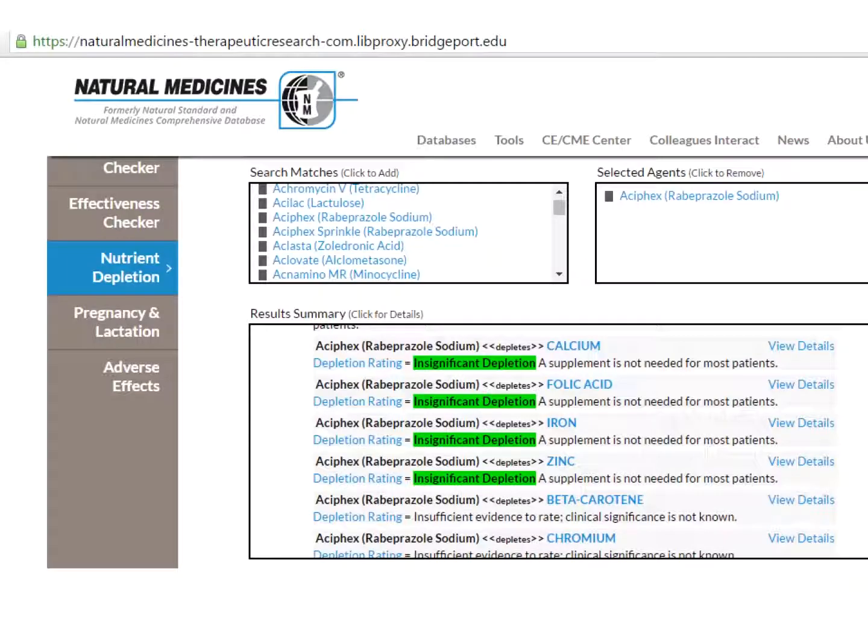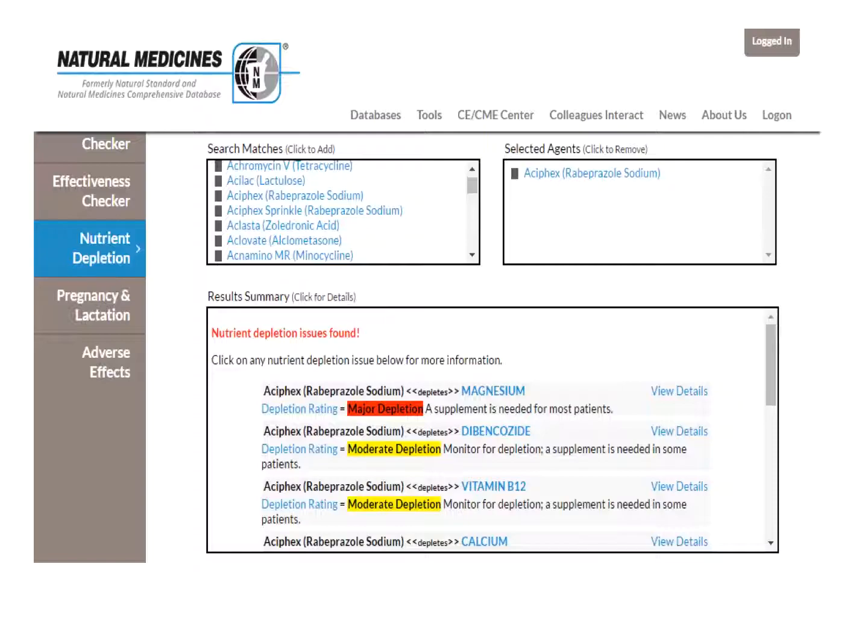So I usually don't pay attention much to the insignificant ones, but if there's something red there, I'm going to read the literature on that and follow up on that just to make sure, because again, it doesn't all sometimes come out in the wash, whether it's an in vivo thing or is it based on a real clinical observation and problems that have been reported to the NIH. When there are serious drug adverse effects and nutrient depletions that are reported to NIH, that's what I pay more attention to.